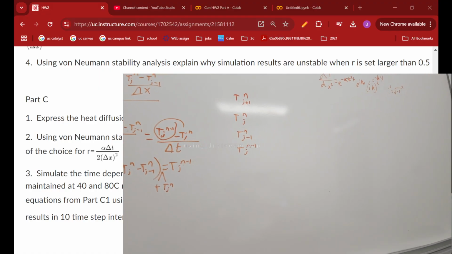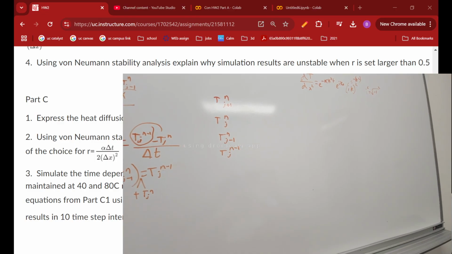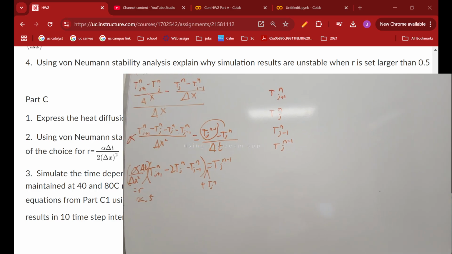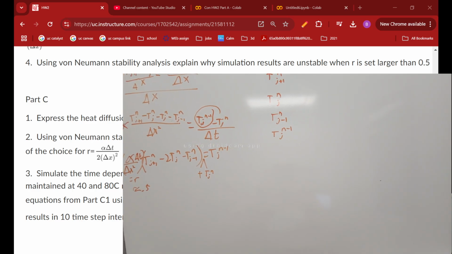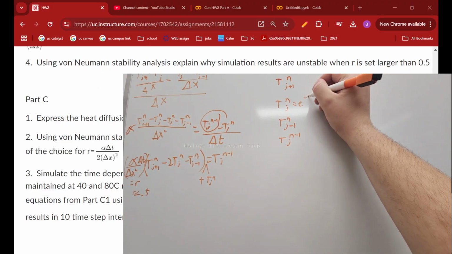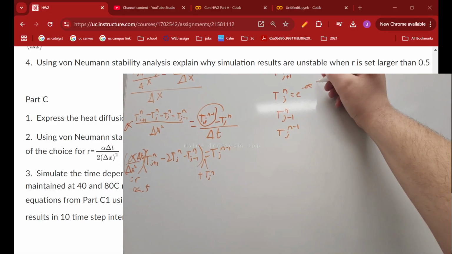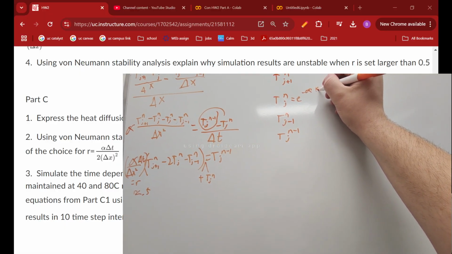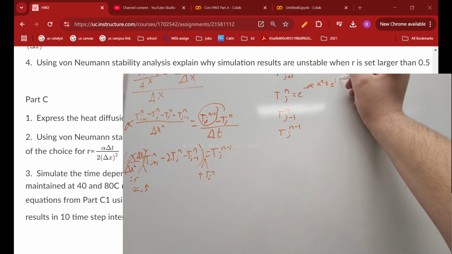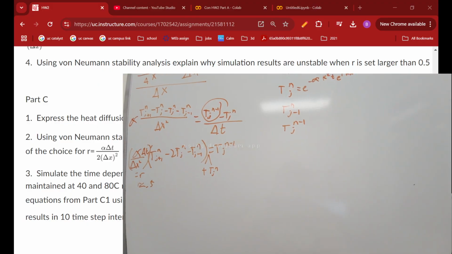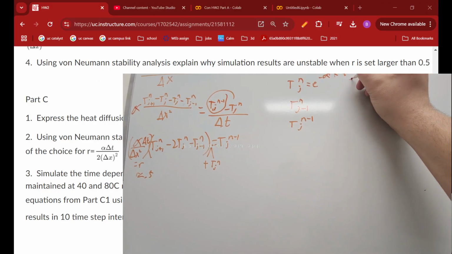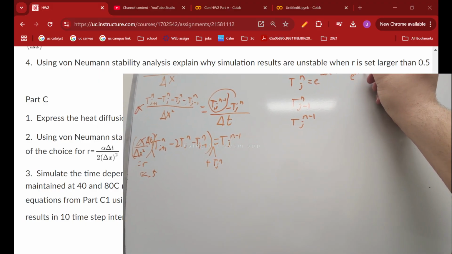So t to the n subscript j is just gonna be what we had found earlier, which is e to the negative alpha k squared t e to the i kx.